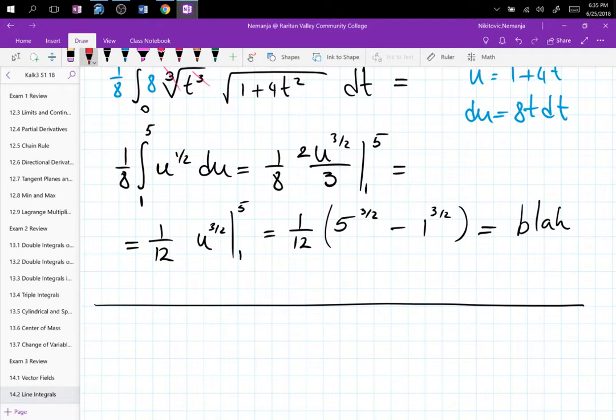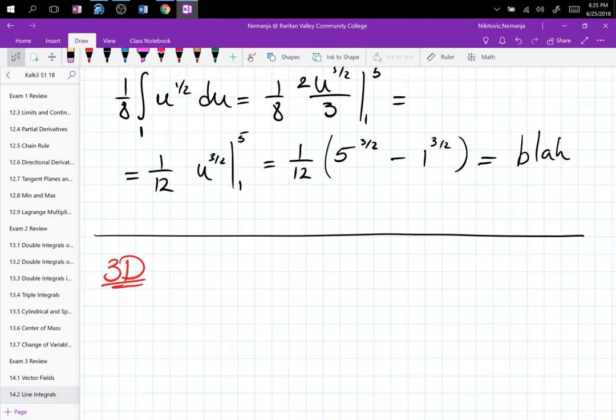The 3D version of the same is just going to be the integral over region C of a function ds, which is going to be the good old integral from a to b, and now we parametrize everything.